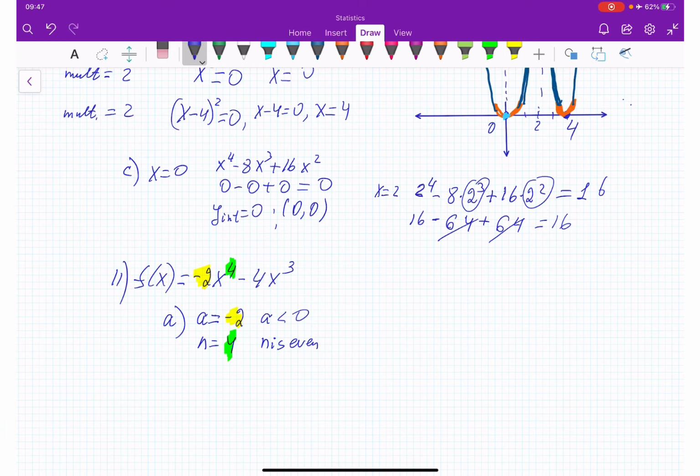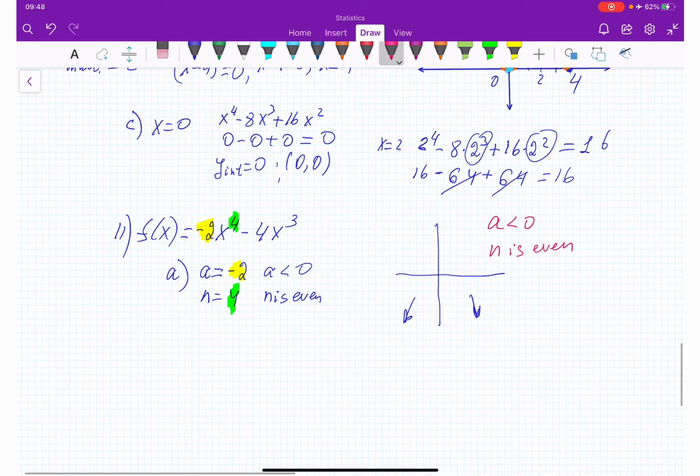So the graph is going to go like that, end behavior down. Yes? So we have here a is less than 0, n is even. Both of them are going down.